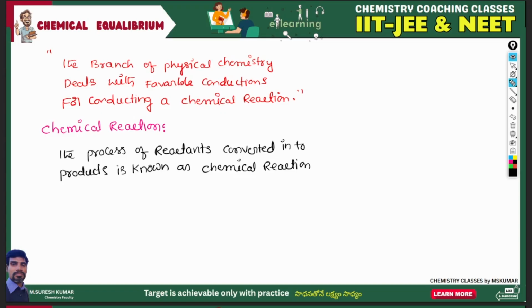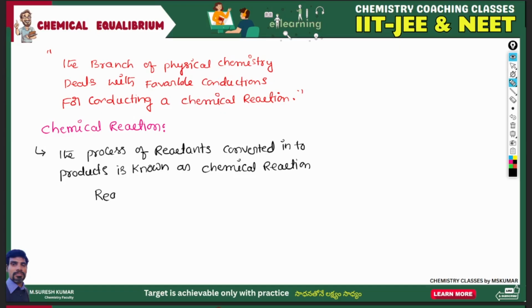Generally, there are two types of changes in our surroundings. Some are physical changes, some are chemical changes. Here, chemical change is a permanent change. That means in the reaction, the initial substances are converted into new products.